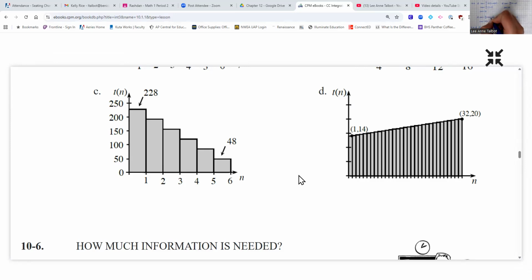Yeah. You can type it in one fell swoop. Just use parentheses.